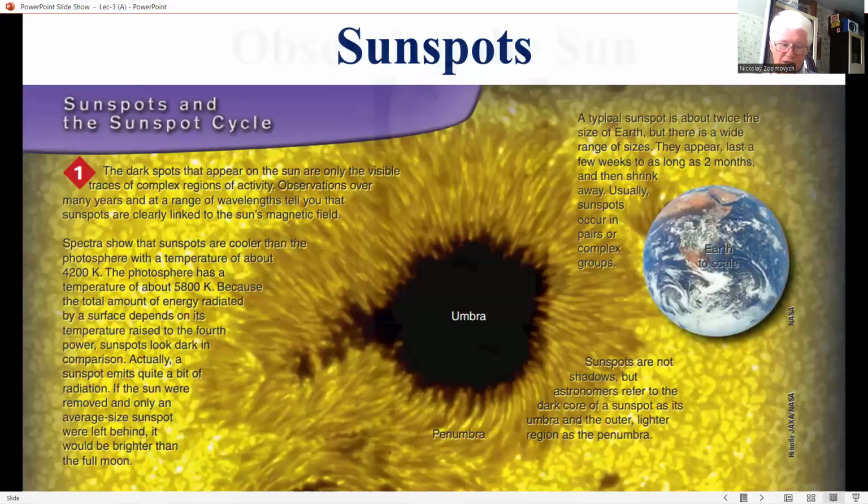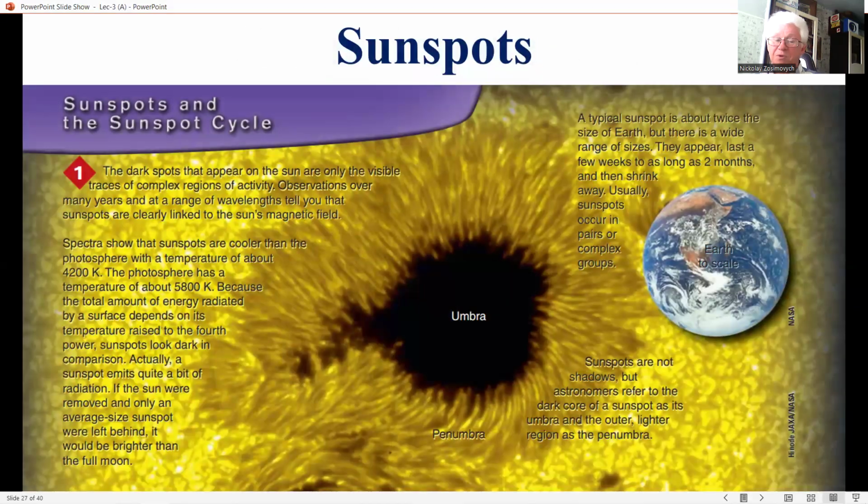The dark sunspots that you see at visible wavelengths only hint at the complex processes that go on in the sun's atmosphere. To explore those processes, you must analyze images and spectra at a wide range of wavelengths.